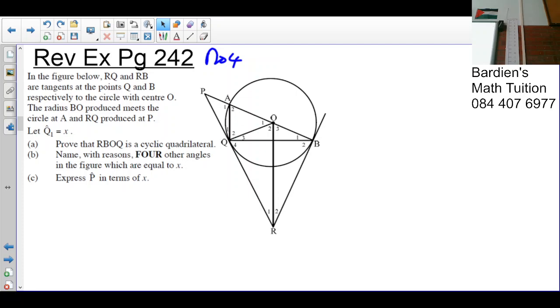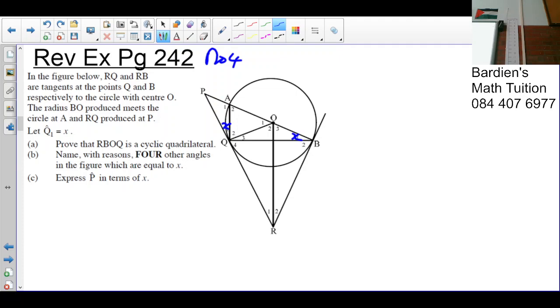The first question, we are told that let Q1 equal x. They are tangents. So if these are tangents, people, then I know that Q1 is also equal to B1. Not so? Why?